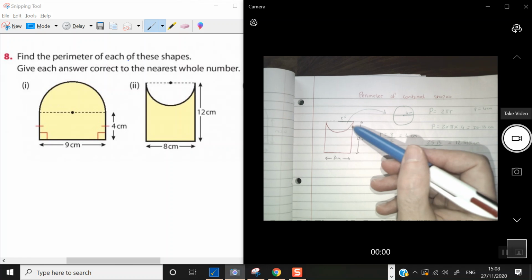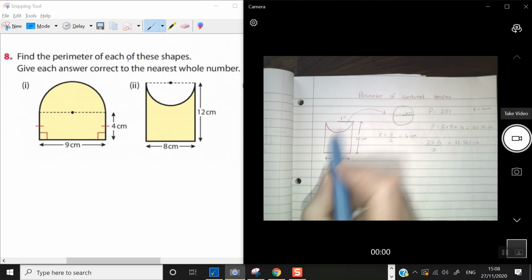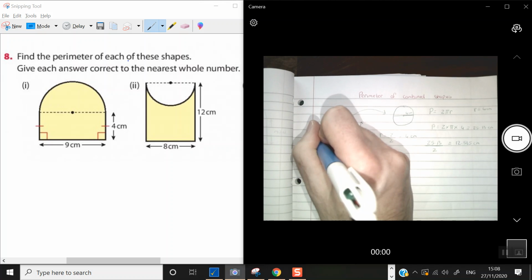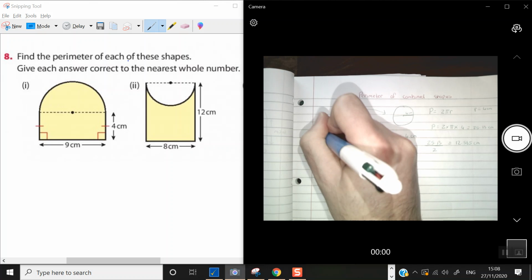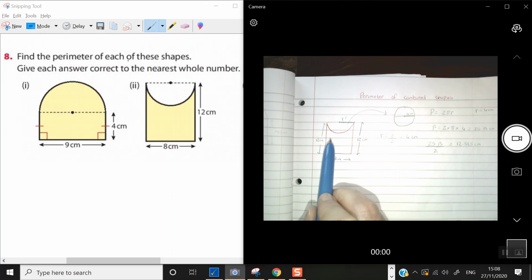Now we want to get the rest of the shape. So from here to here is going to be another 12 centimeters. To get the perimeter of the bottom part of the shape, we just add up all these sides here.